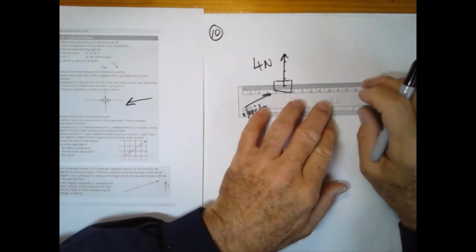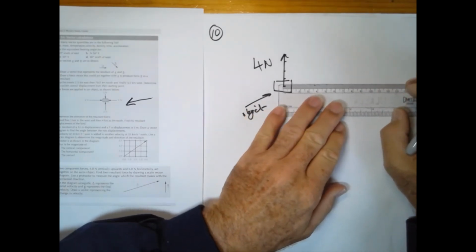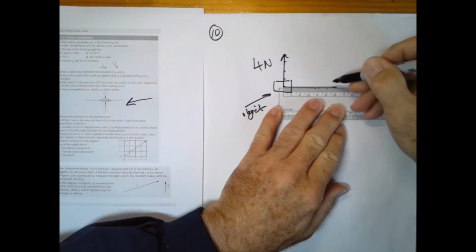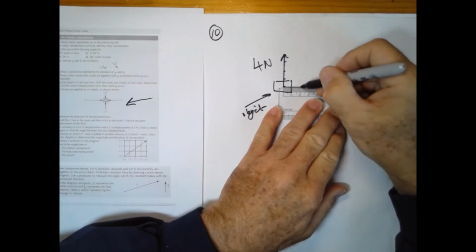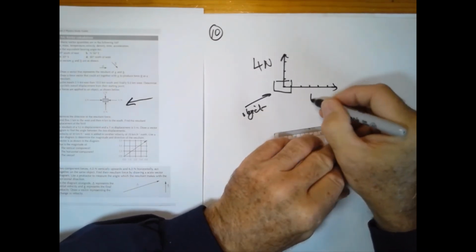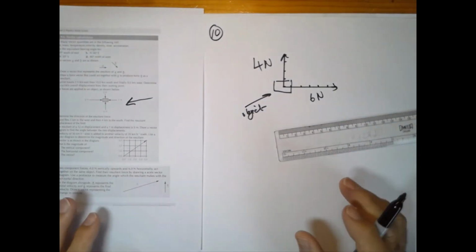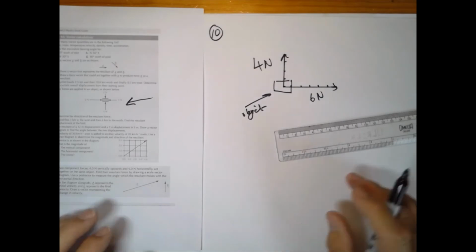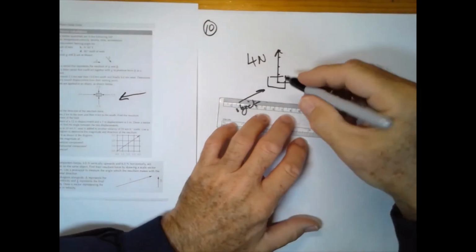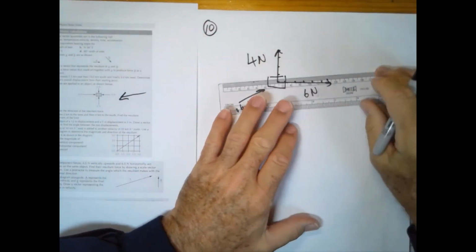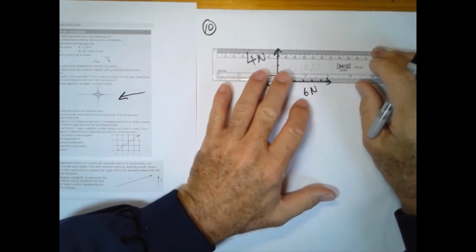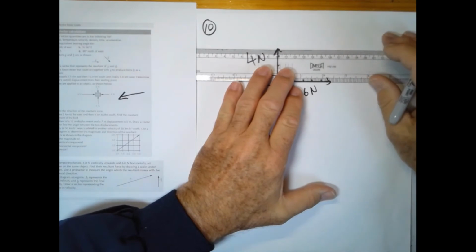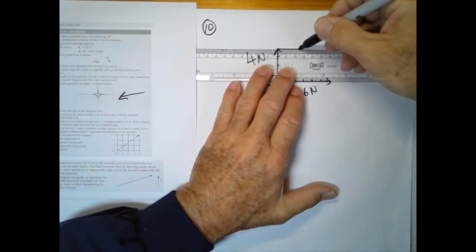So we've got another force, 6 newtons, acting on the same object. Find the resultant force by drawing a scale vector diagram. Okay, so we can say this vector plus this vector, and this is at a right angle, plus this vector 6 this way, at exact right angle.